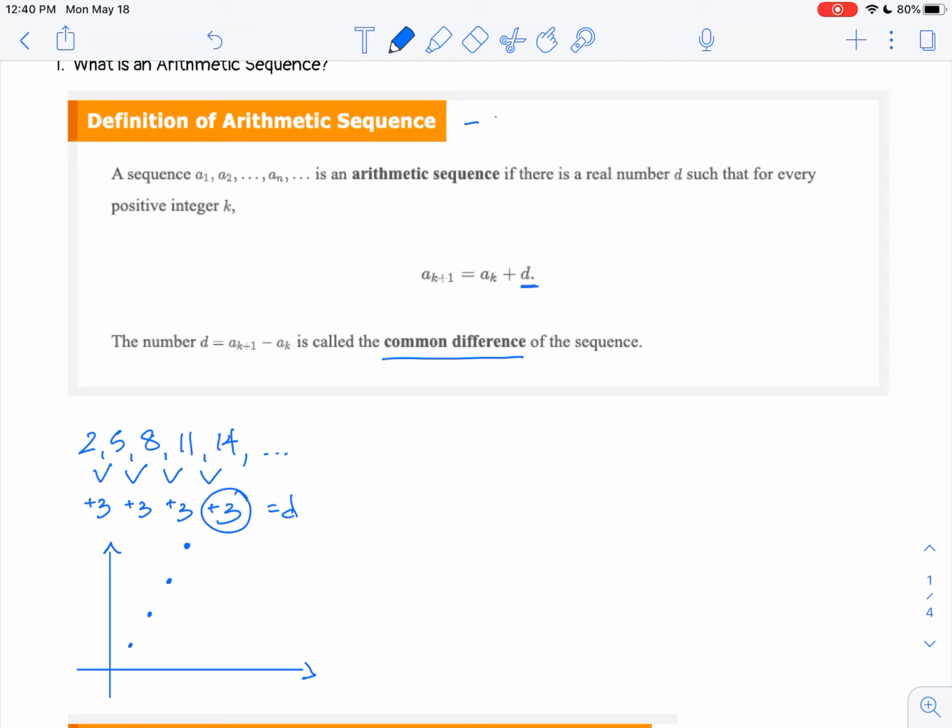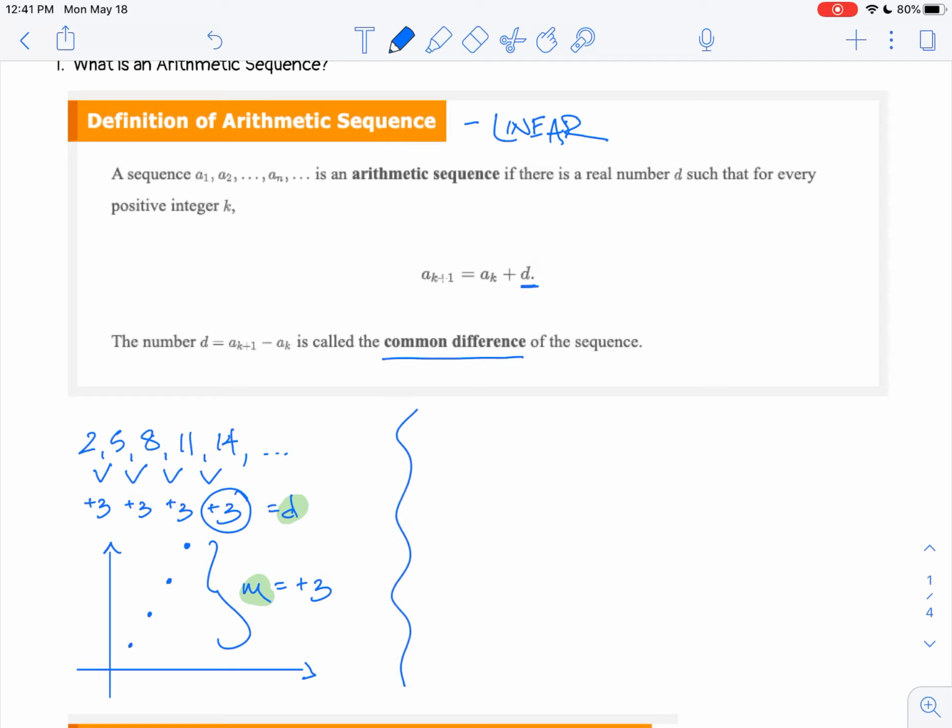So an arithmetic sequence is linear in shape. So in this case, my common difference was a plus 3, and the slope of this line is a positive 3. So the common difference and the slope of a linear function are the same thing.